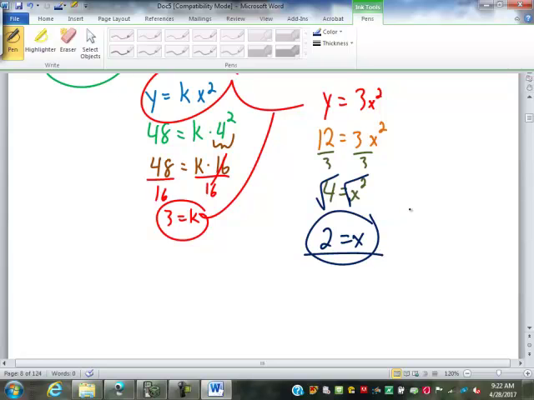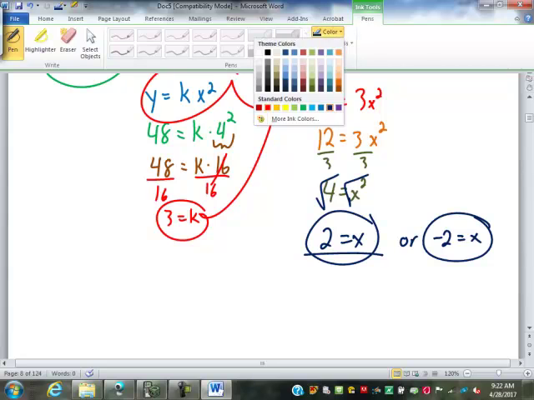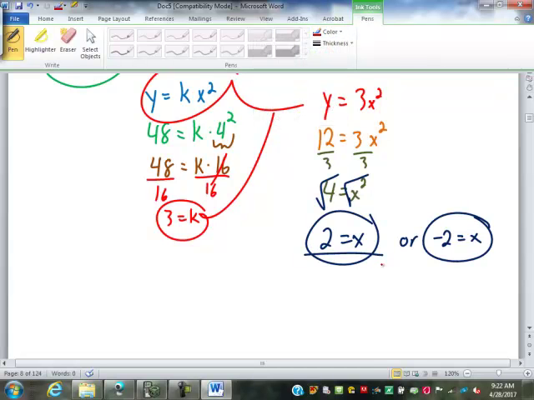Did anybody catch that there was a second possible answer? Or negative 2 could be x. Square root of 4 can be 2 or negative 2. Now in real life, most of the time we're dealing with positive numbers. So that one most likely is not an applicable answer, but on a test, that'd be the one I'd be looking for anyway.